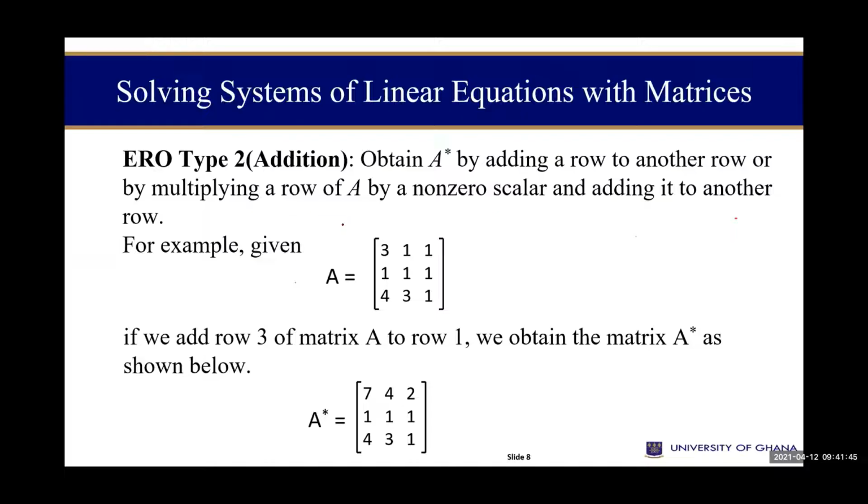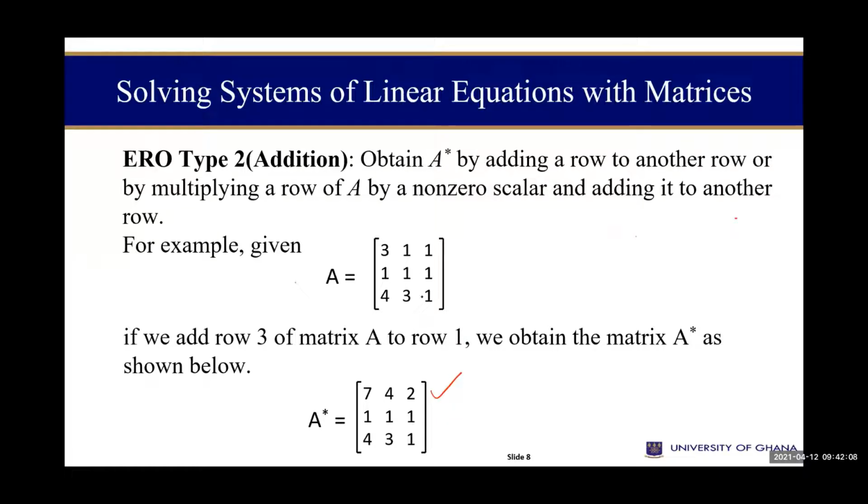So if I'm saying, let's add row 3 of matrix A to row 1, we obtain... I'm dealing with row 1, but my operation is that I want to add row 3 of matrix A to row what? 1.